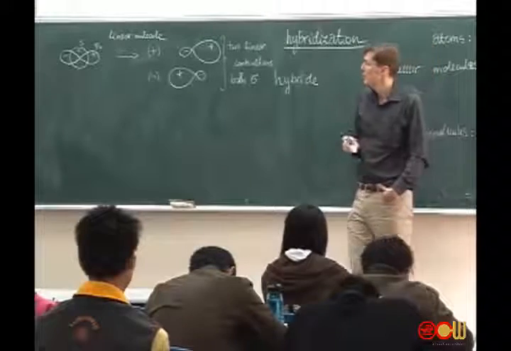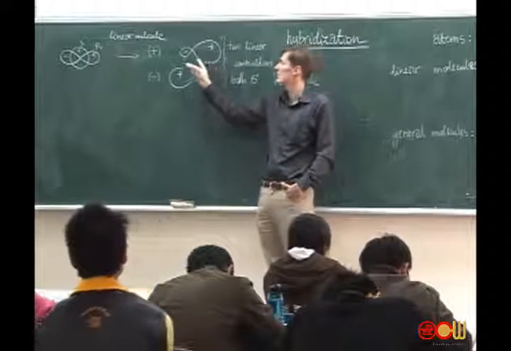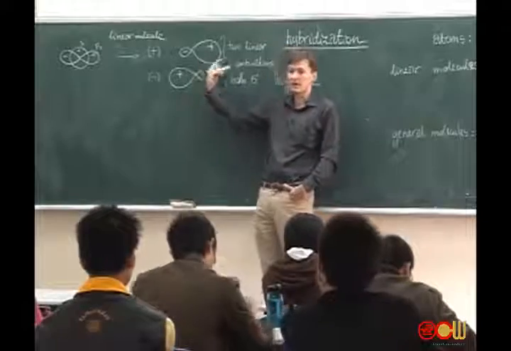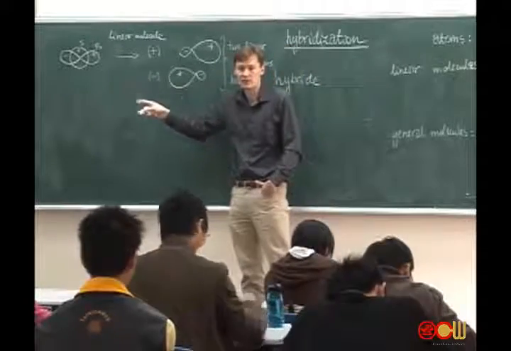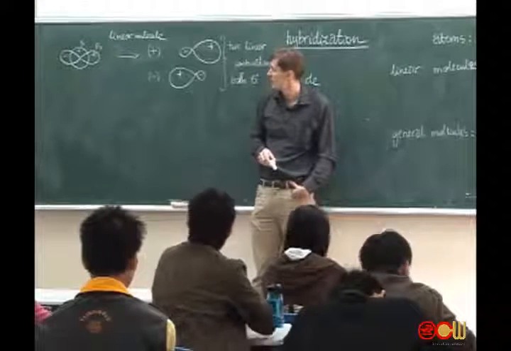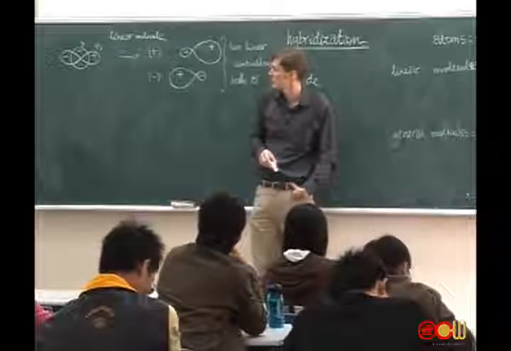Now one linear combination has a long tail in this direction, one has a long tail in this direction. So this orbital can make a bond to this side, this orbital can make a bond to the other side. And this is exactly how the bond is made in linear molecules.